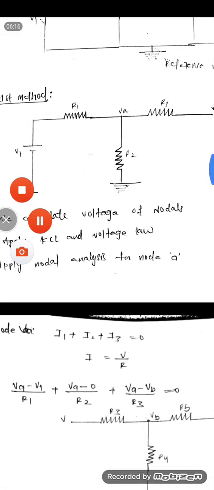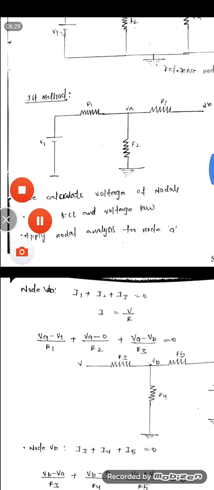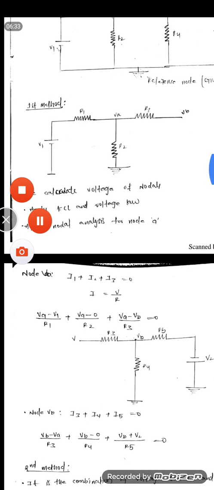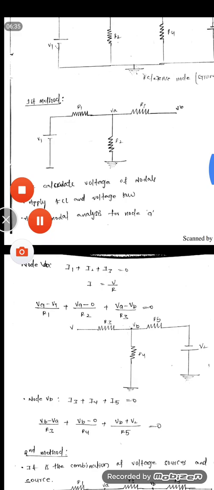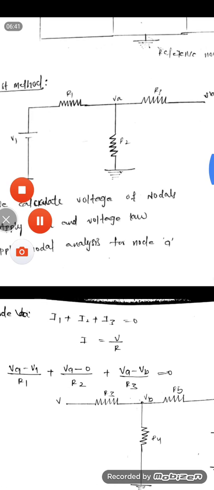Applying nodal analysis to the circuit, we have two or three different types of methods. First method: redraw the circuit, drawing only node 1.